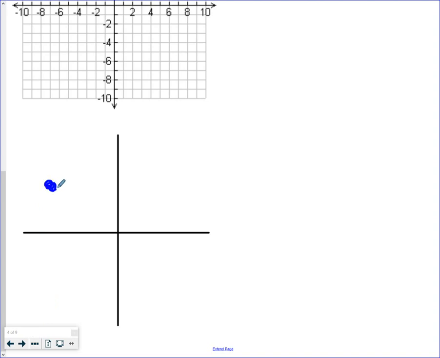That's where my graph starts, and it does this sort of thing and goes on forever. Now let's say this point right here is -2, comma 5. And we'll say the lowest point is at -1, comma -4.